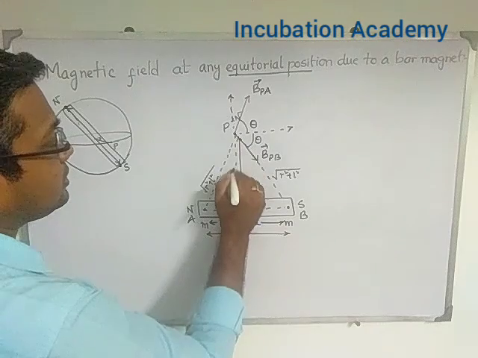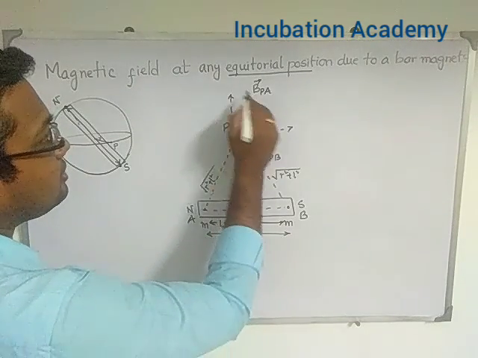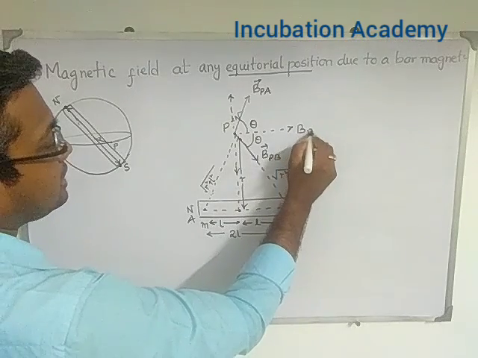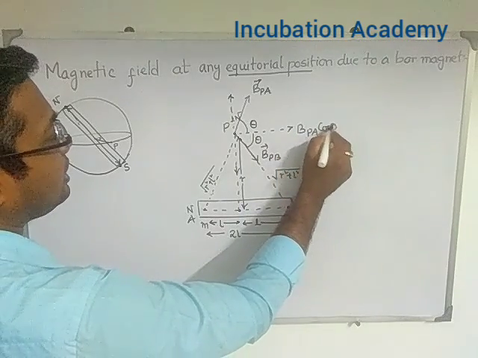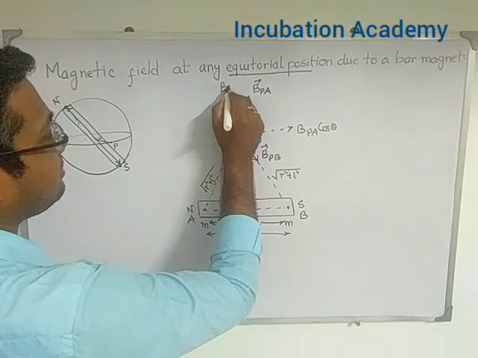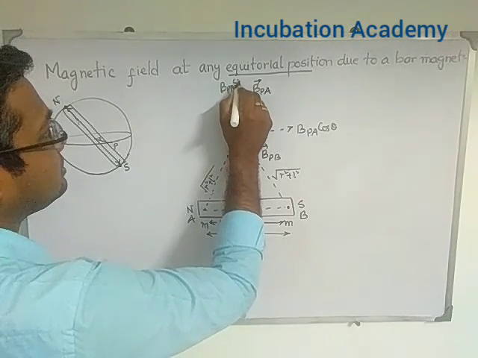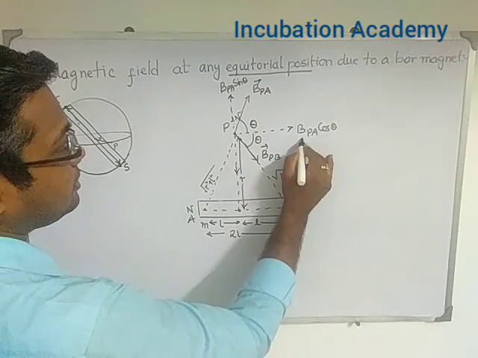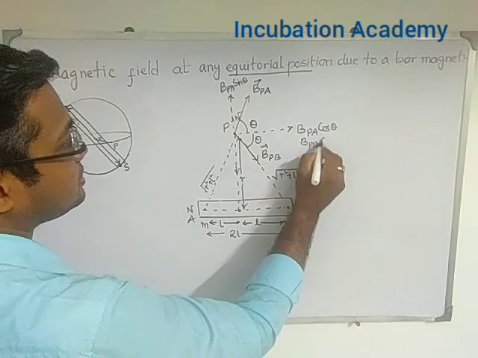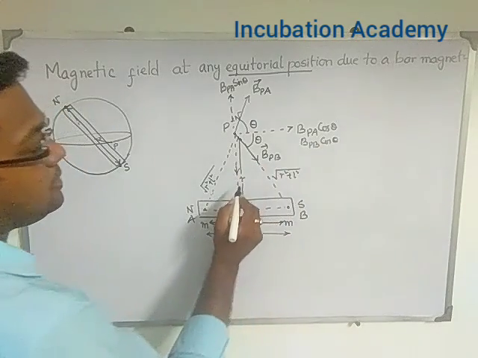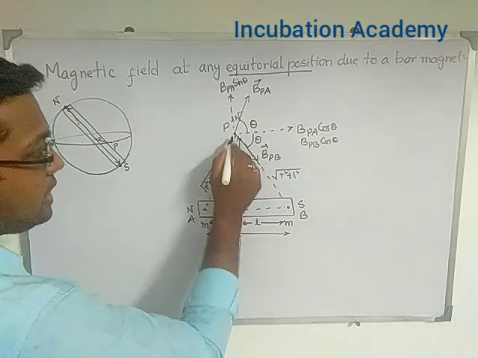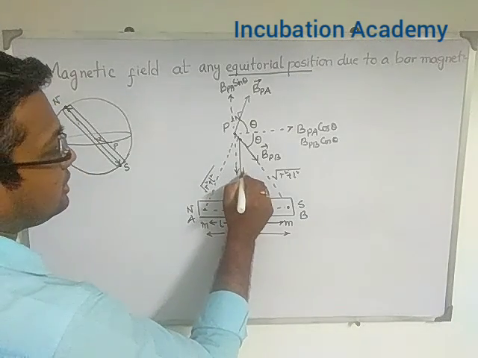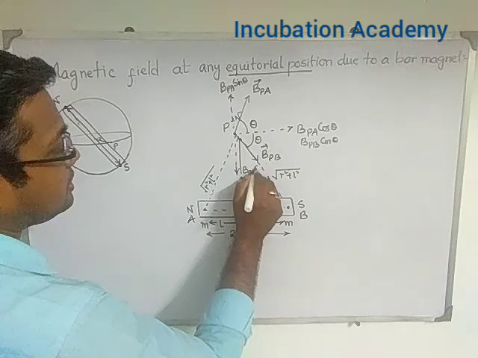So it has two components. One is along the length of the magnet, that is BPA cos theta, and another perpendicular to the length of the magnet, that is BPA sin theta. One is along the length of the magnet due to BPB, that is BPB cos theta, and BPB also has the component perpendicular to the bar magnet, that is BPB sin theta.